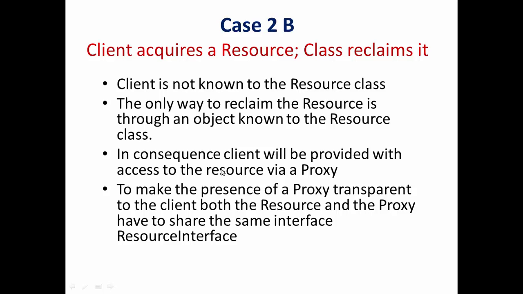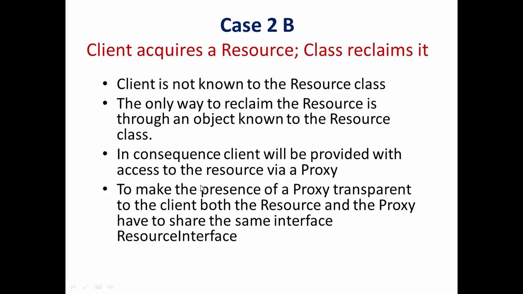The next consequence of this decision is that, for a client, this arrangement should basically be transparent. So it means the client should not feel that it has to interact with a proxy differently than how it would interact with the resource itself.